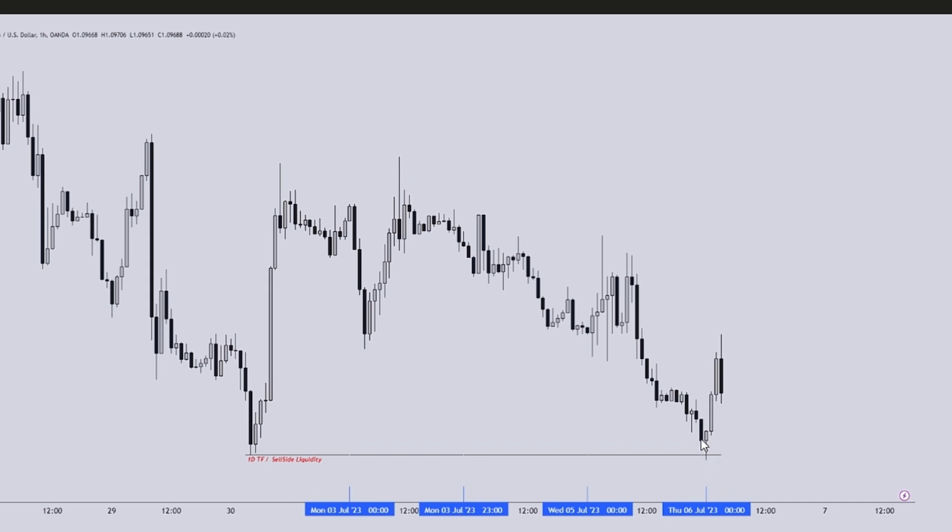As soon as that happens, we wait for price to break a recent high, the most recent short-term high, which would be right here. And this is called change of character, right? If price closes above the most recent short-term high, right, we regard that zone as change of character.